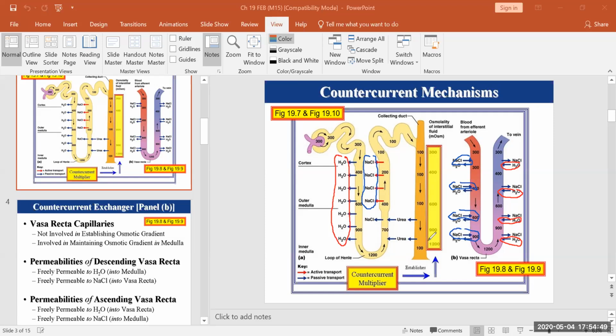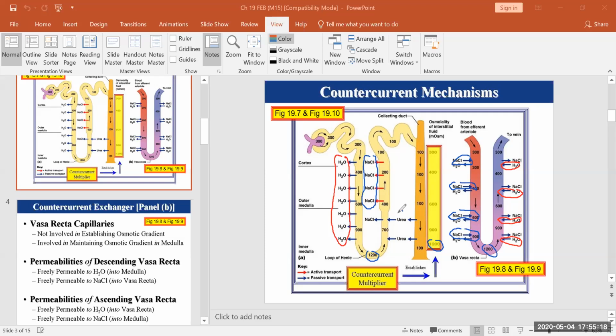If you look closely, the osmotic gradient in the interstitial space, the yellow with the red line rectangle, is the same for the loop of Henle and the vasa recta. At the bottom here, it can go up to 1400, 1400, and 1400.